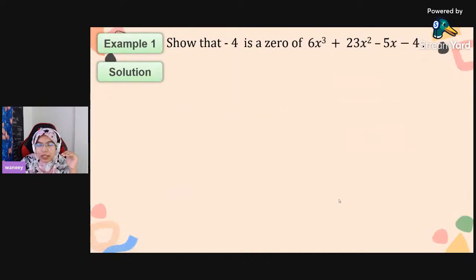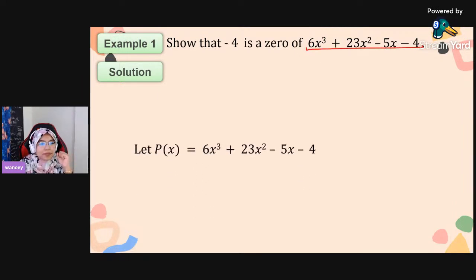So those are the differences between them. Okay, so let us try some example then. Okay, so example 1, that is the simplest one. Show that negative 4 is a zero of 6x cubed plus 23x squared minus 5x minus 4. Okay, so what happened? We are going to call those things as P(x). So let us write this one down as our P(x).